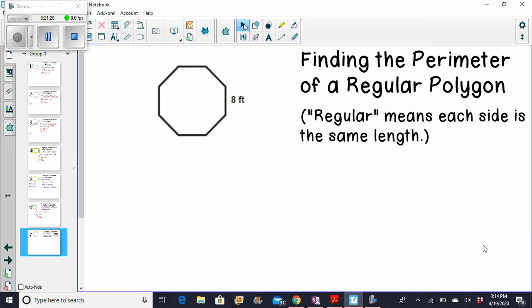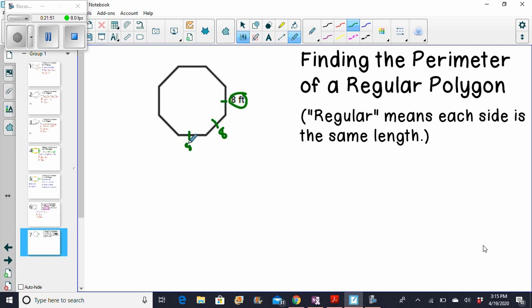All right, so let's check out the very last problem that I have here for you. So here's another regular polygon. That means each side is going to be the same. Now we have one measurement here already, 8 feet. This side is 8 feet. This side is too. I'm going to count the number of sides because I need to have a sense of how many 8s I would need. This side is the same.